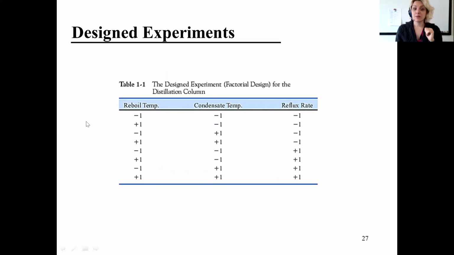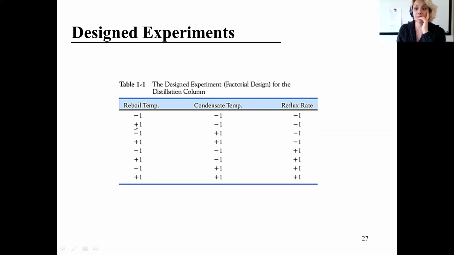So in design experiments, let's see what's going to happen here. I have the reboiler temperature, which is important because it generates heat, right? I have the condenser temperature on top. It's very important because it gives me the top products, in fact. And then I have the reflux rate. With the design experiment, we are going to change the reboiler temperature or condenser temperature.